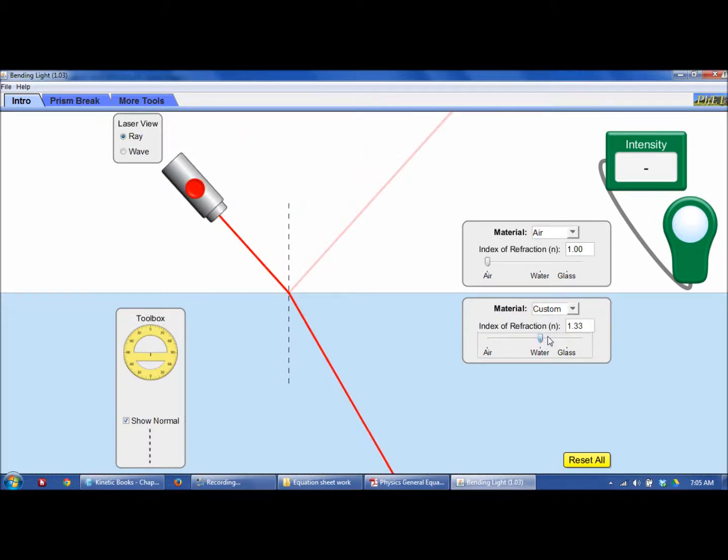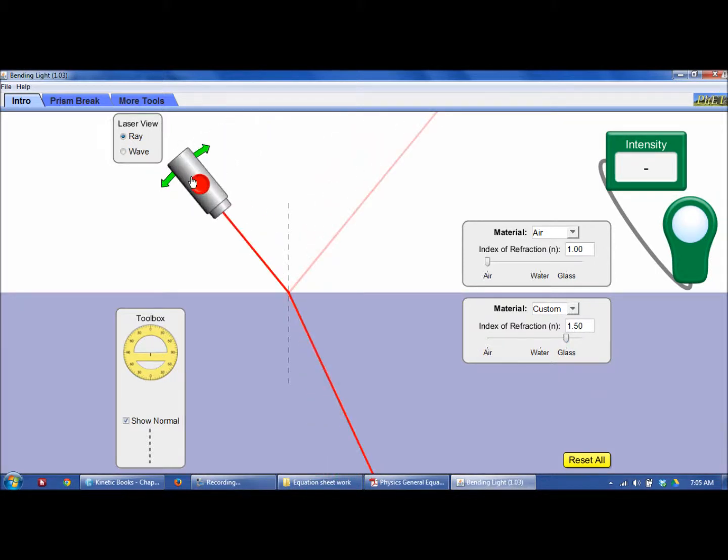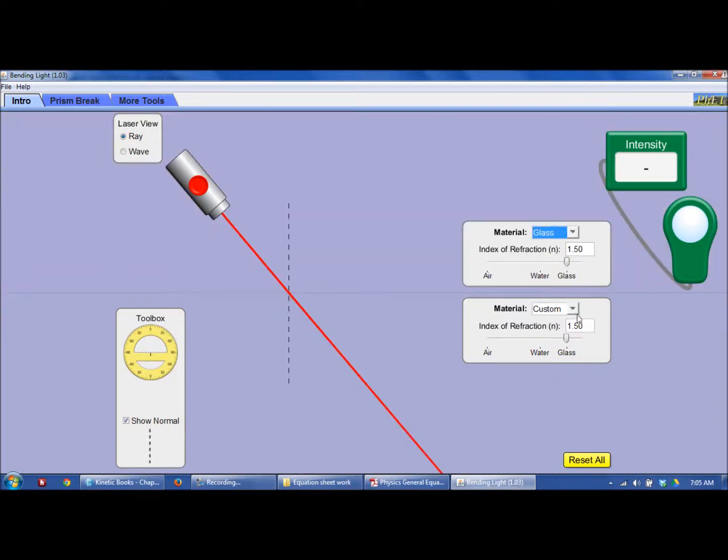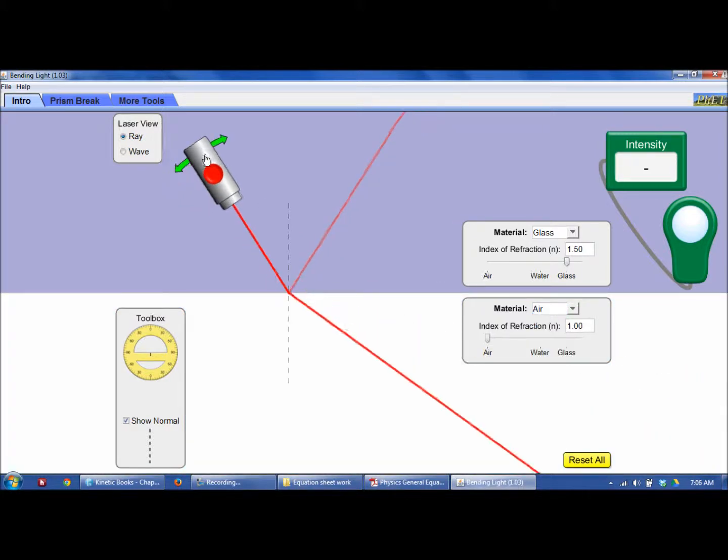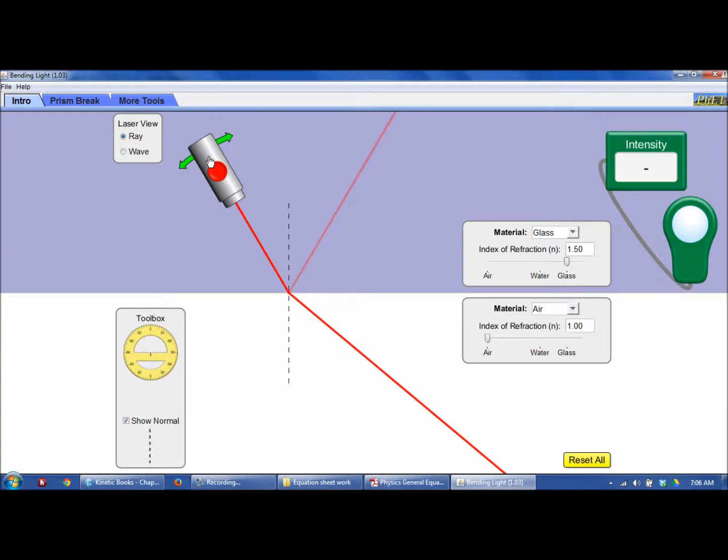The higher that amount, let's go to glass here, the more I'm bending towards the normal. When I switch those up, when I go from, say, glass up here down to air down the bottom, notice I'm bending away from the normal as I go in.